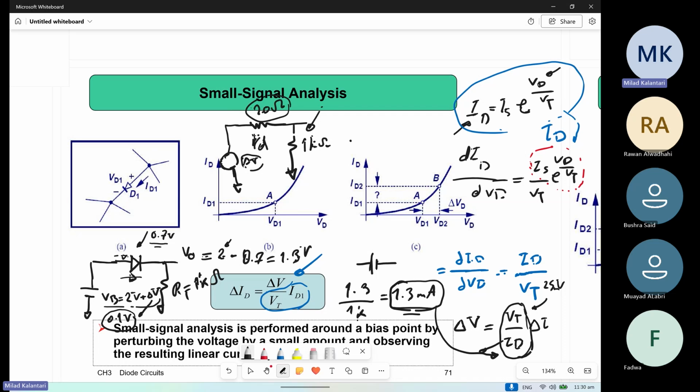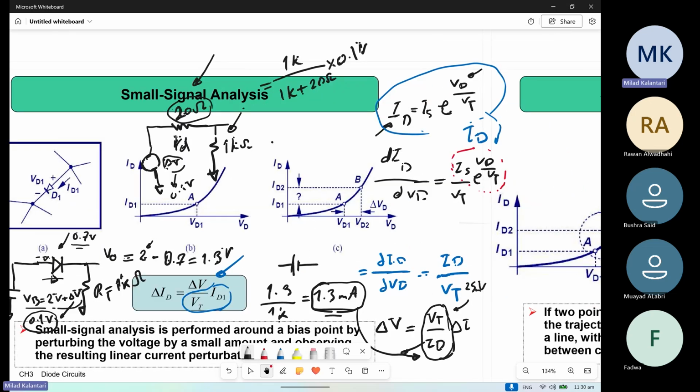We need to use this small signal model to calculate it more accurately. Basically, the input change is 0.1 volt, right? We have this voltage divider, 1 kilo ohm over 1 kilo plus 20 ohm, times 0.1 volt. This is saying how much the output changes.